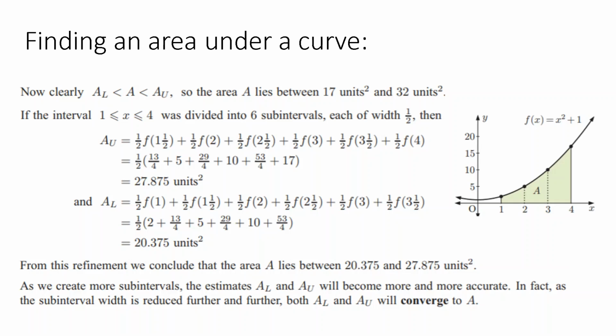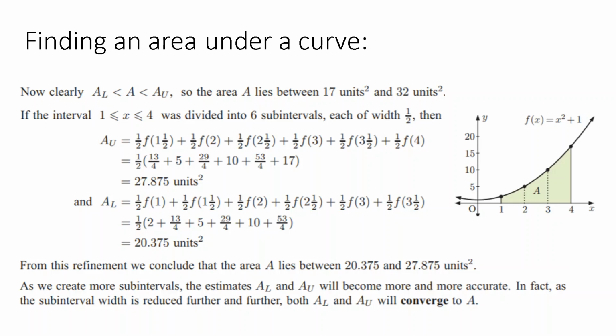If the interval between 1 and 4 were divided into 6 subintervals, each with a width of a half, then we would get something between 20 units and 27 units, which is a narrower range. So if we split them again into 12 subintervals, the upper and lower areas would come even closer.